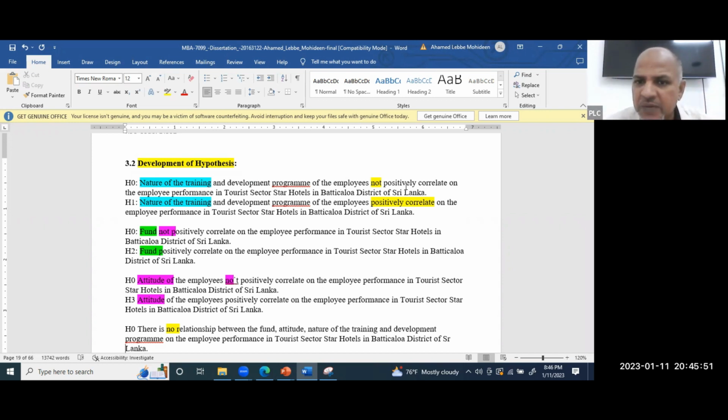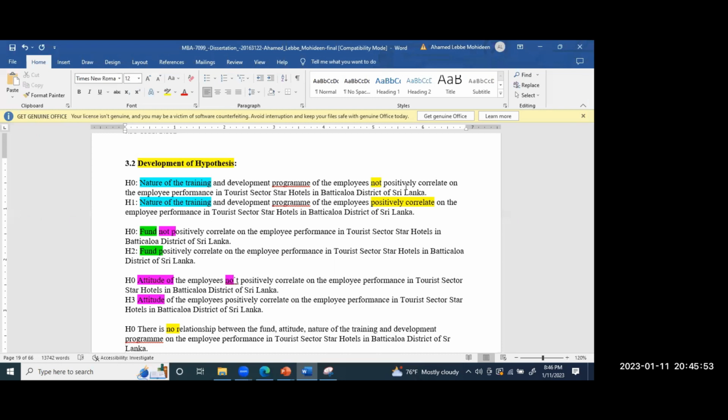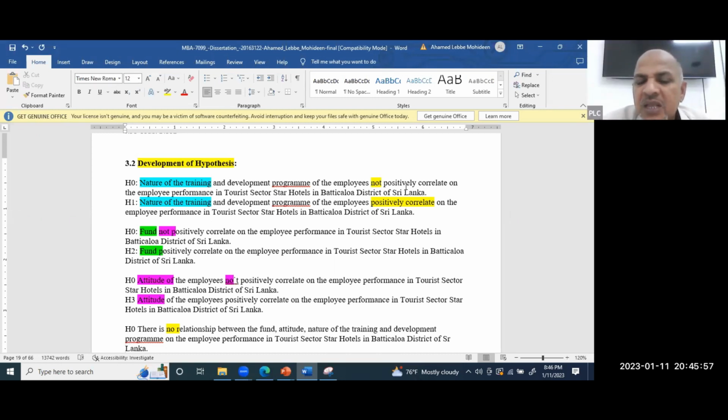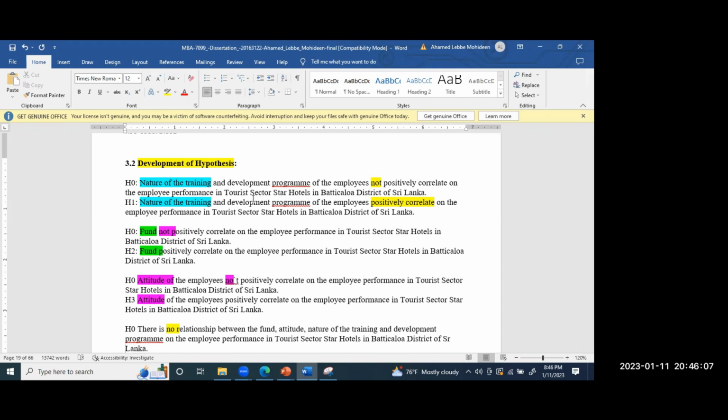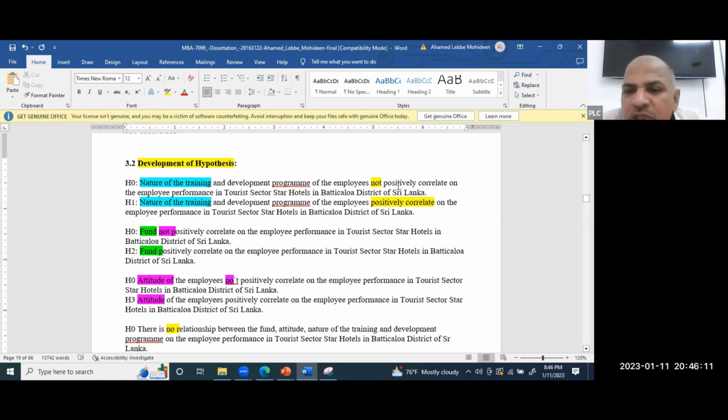Not positively correlated means there is no such connection. So I have to say there is no positive correlation.